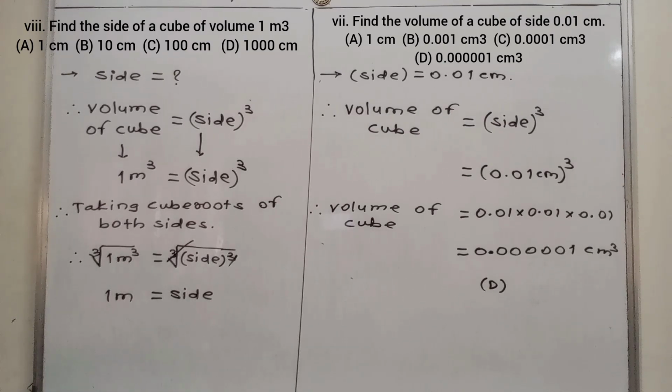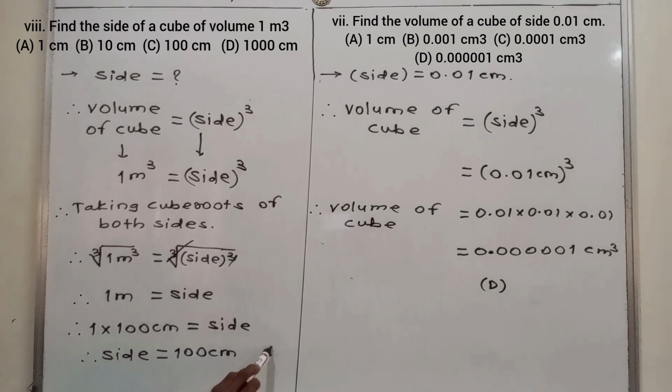So we want to find in centimeter. Meter is bigger than centimeter. So 1 meter means 100 centimeter is equal to length of side. Therefore, length of side is equal to 1 into 100, 100 centimeter. This is our option C.